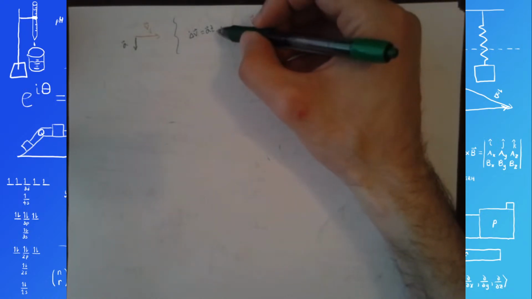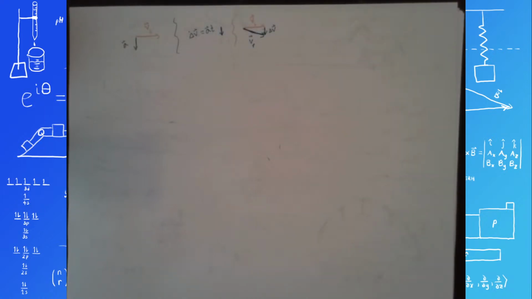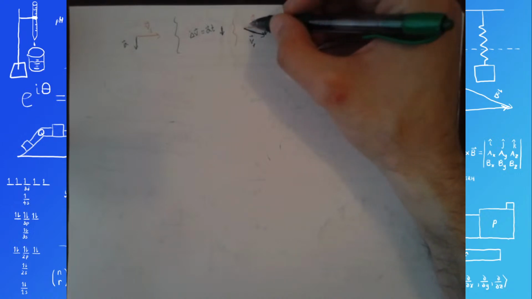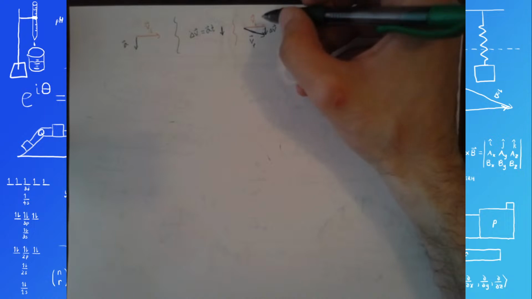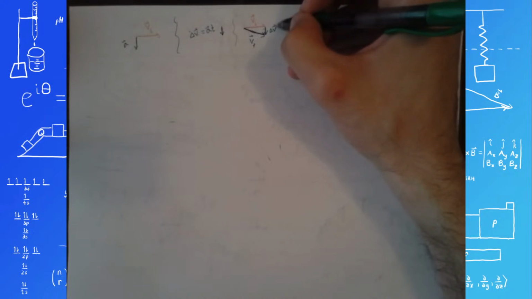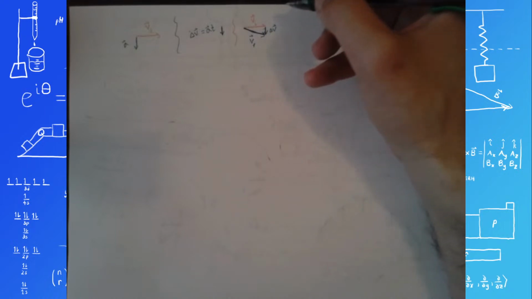If you do it for a small enough time, you actually will get just a change in direction without a change in magnitude, and you can easily see how that's possible if you look at the components of V initial. V initial has nothing in the vertical plus something in the horizontal direction, and your acceleration gives you a change in velocity only in the vertical direction.